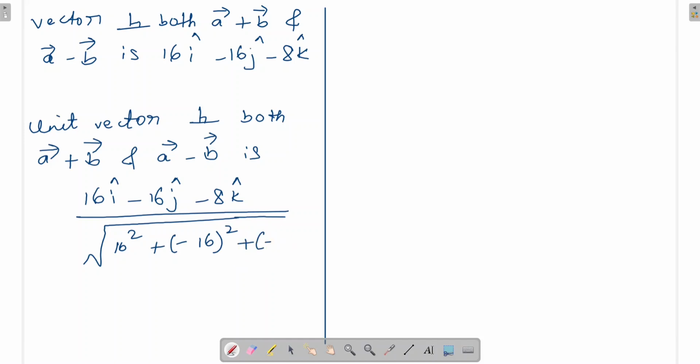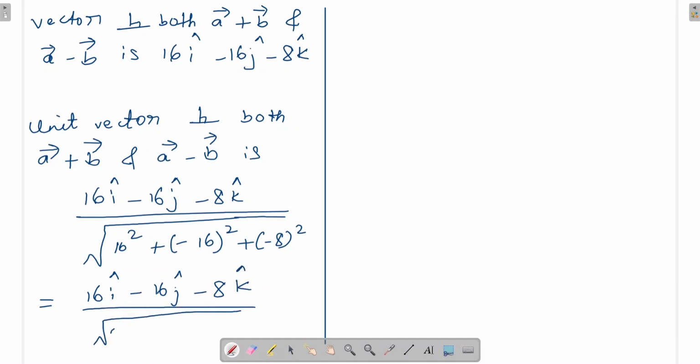And then plus minus 8 square. So that is nothing but 16 i cap minus 16 j cap minus 8 k cap divided by root of 16 square is 256, so 256 plus 256 plus 8 square is 64, right?